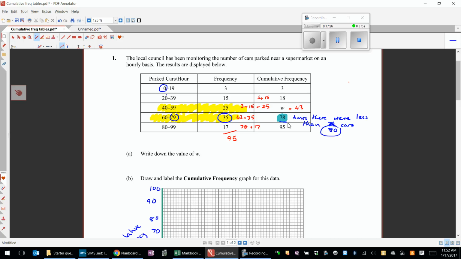So when you read a point on the cumulative frequency, it's about less than. So I'm interpreting my table and saying, the ones that I am going to mark are less than 20, less than 40, less than 60, less than 80. And then we do need 100. And how many are less than 100?